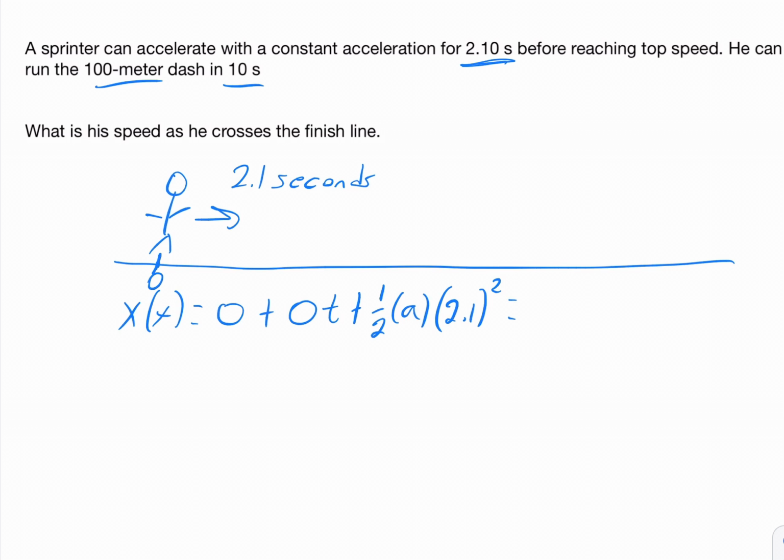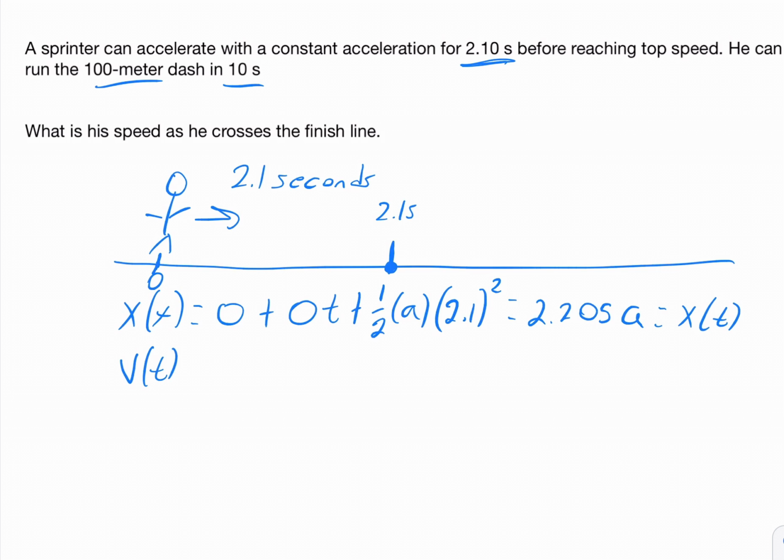Plugging this into a calculator, gets you 2.205a. And this is equal to x sub t. What about the velocity? What happens when he stops accelerating? So at this 2.1 second mark, what's his velocity?